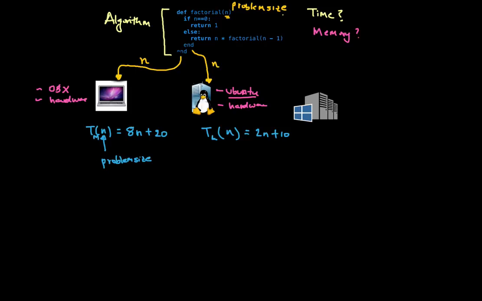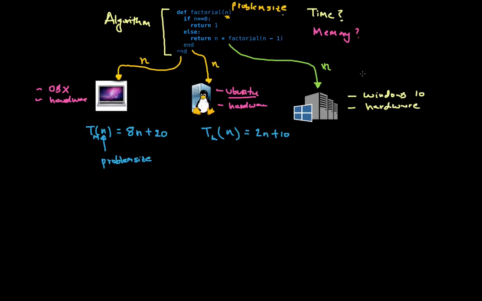Now if I run the same algorithm on a Windows machine, again it depends on the problem size n, and again Windows has different software running. Let's say it's Windows 10 as the underlying software. There could be some other hardware configuration on this server.